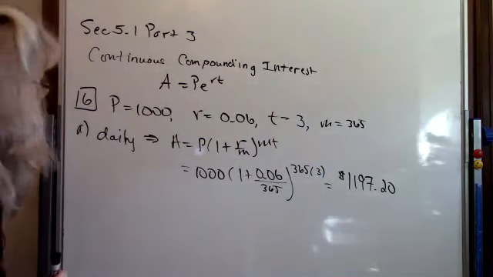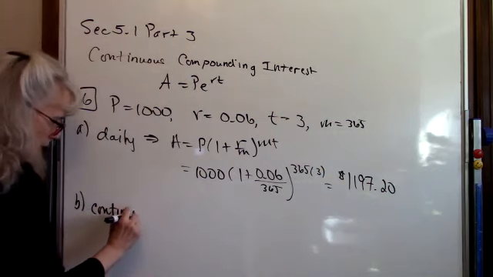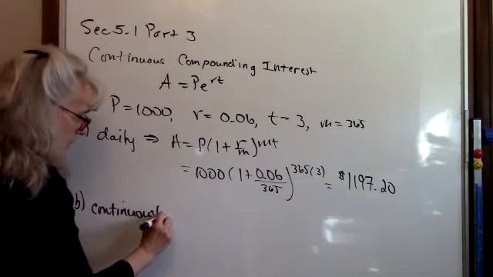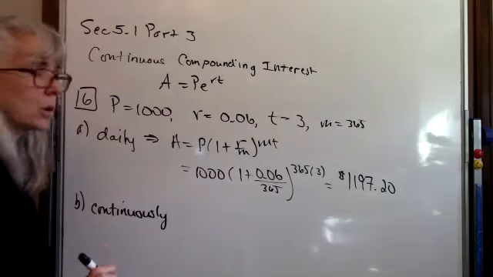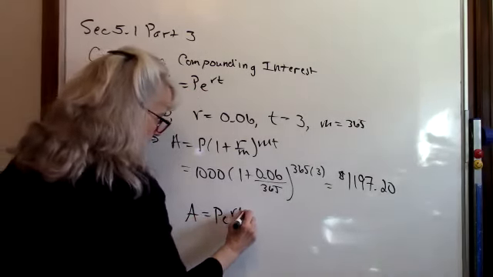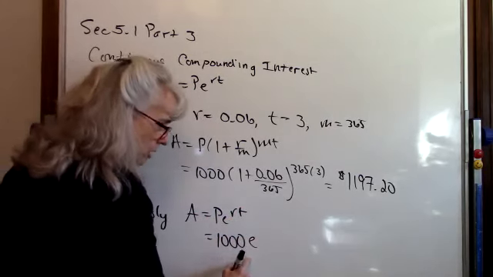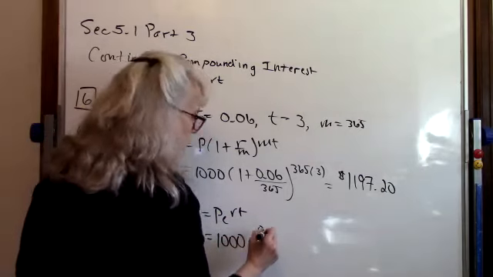Not bad. Okay, part B uses the word continuous. Anytime you see the word continuously, that is when you're going to use that Pert formula with the e in it. So now we'll do A equals P e to the rt. So that would be 1,000, e, again, built in on your calculator. The interest rate is still the 0.06.